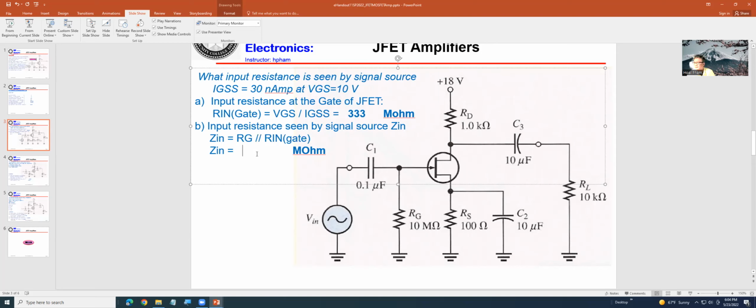Tell me what value you get. 9.8 megaohm. Is it 8? 9.8. Okay, 9.8, perfect.